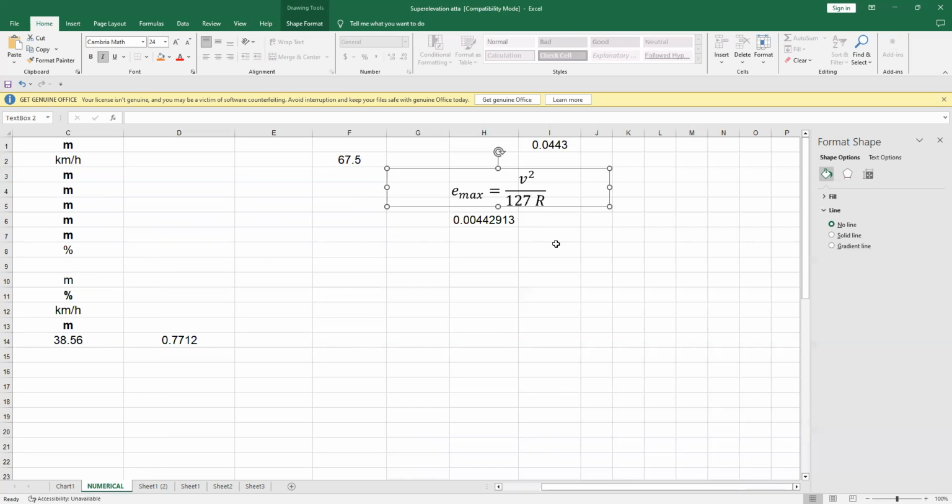And this is a practical formula that says that we will use this equation for calculating maximum super elevation.